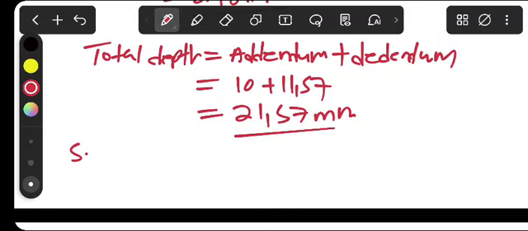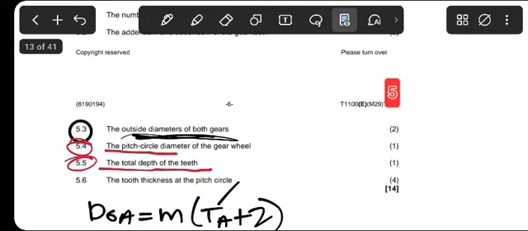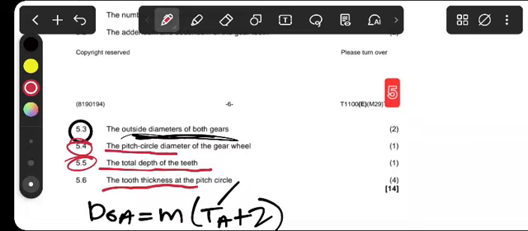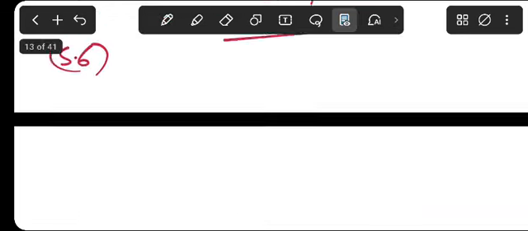So 5.6 there. What do they want? The tooth thickness at the pitch circle. Okay, all right.